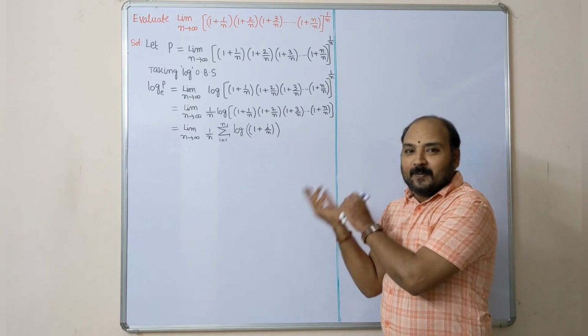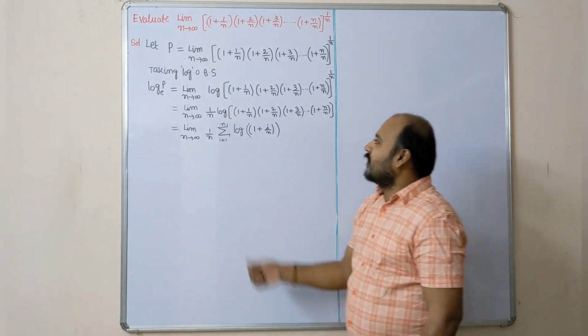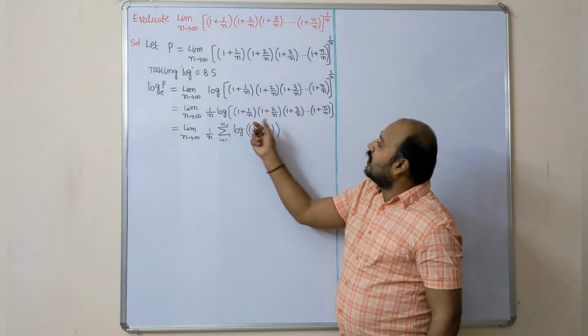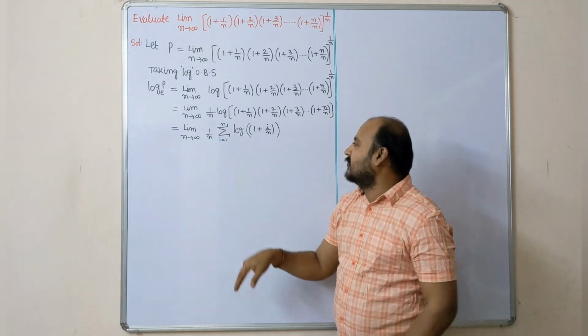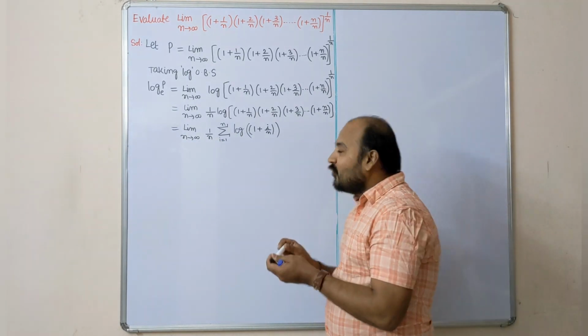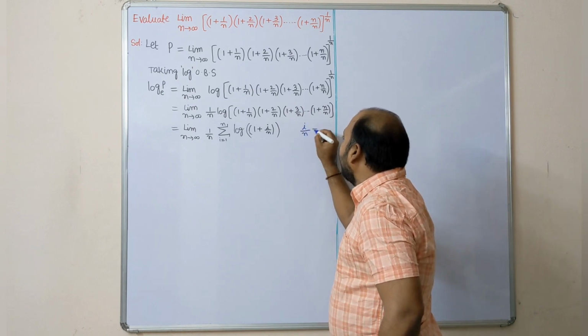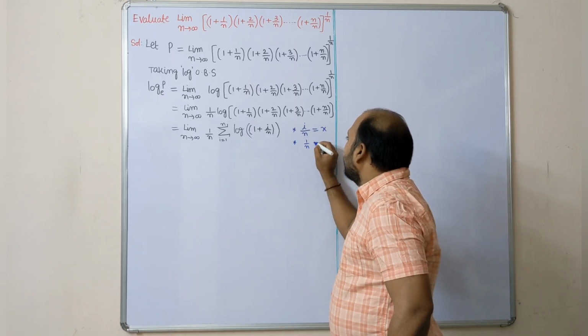Log a plus log b, this you know anyway, the product becomes a sum. I hope everyone understands. So what I did is log of this value, before the log I am taking sigma or summation. After that what we have to write? Wherever i by n is there, replace with x. Wherever 1 by n is there, dx.